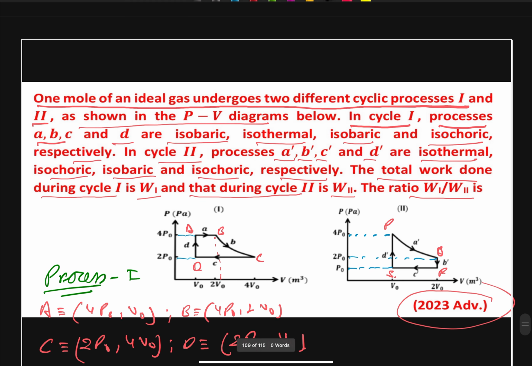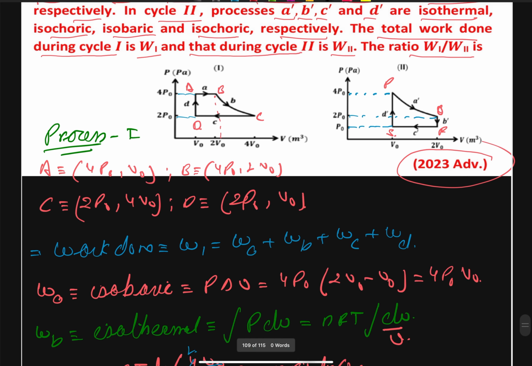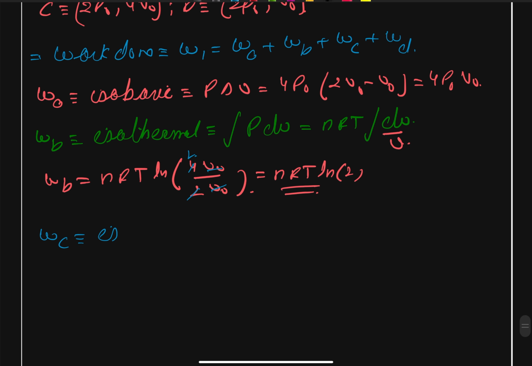And for C, it is once again isobaric. Isobaric work is P delta V, and the pressure here is 2 P naught, and the volume goes from V naught to 4 V naught, which comes as minus 6 P naught V naught.